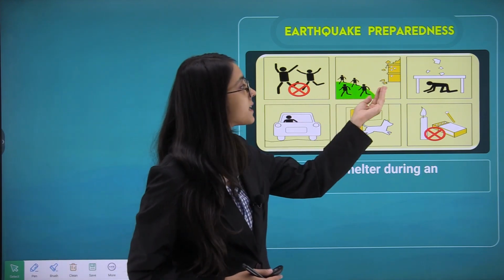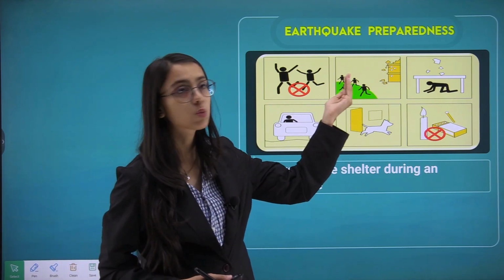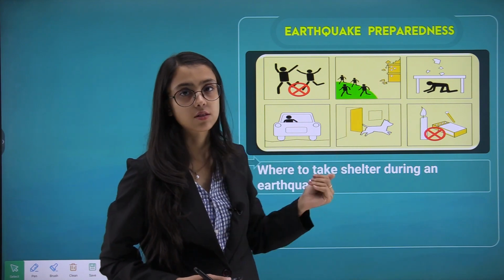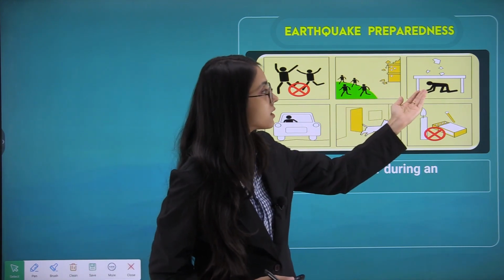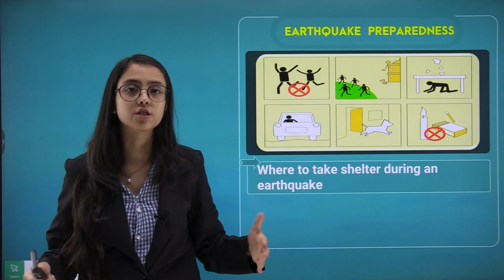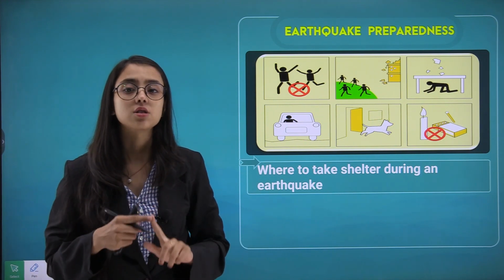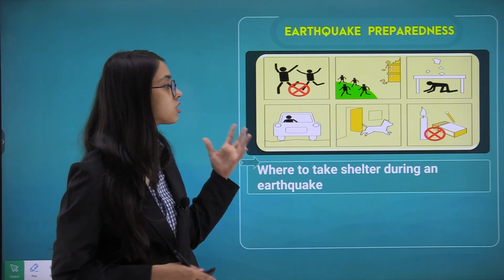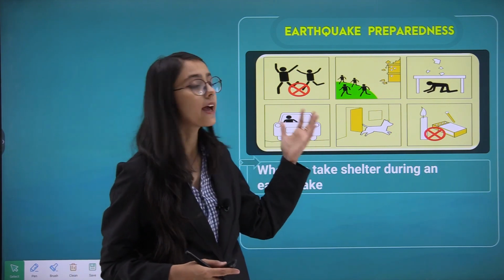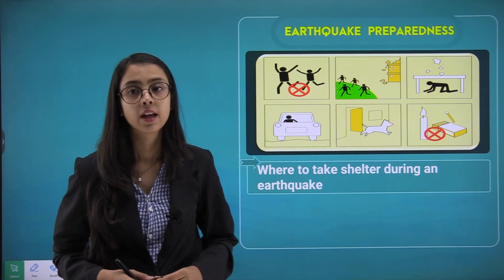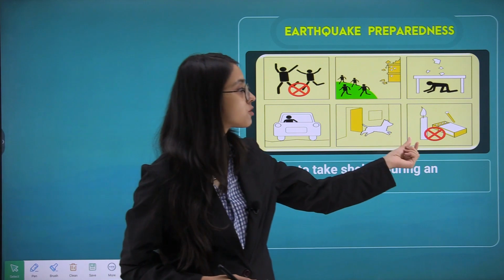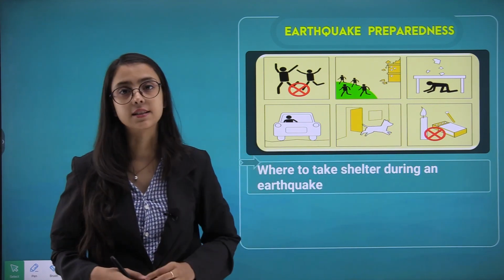You should stay away from big buildings or whatever destruction is being caused. You should take shelter under hard surfaces such as hard tables, kitchen counters, etc. You should not drive. You should not let the animals inside the house. And you should not use combustible or inflammatory items.